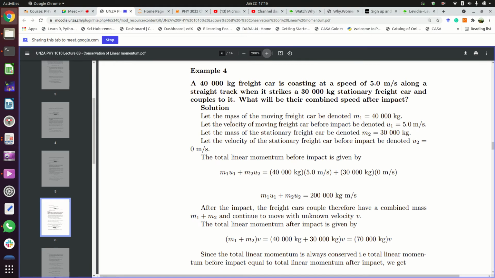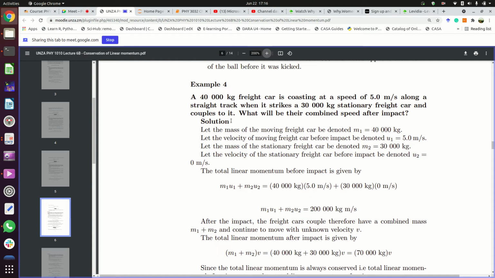So this example number 4 is, of course, an application of conservation of linear momentum. And there are certain things which you're supposed to be aware of when it comes to conservation of linear momentum. We make some assumptions. The first one is that the objects involved in this collision are moving at constant velocity.